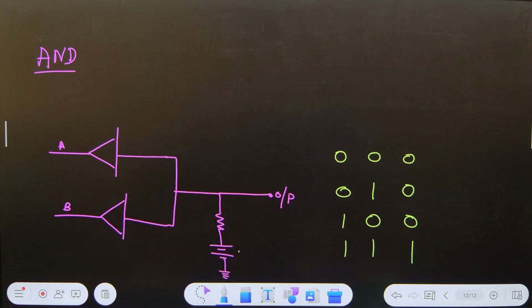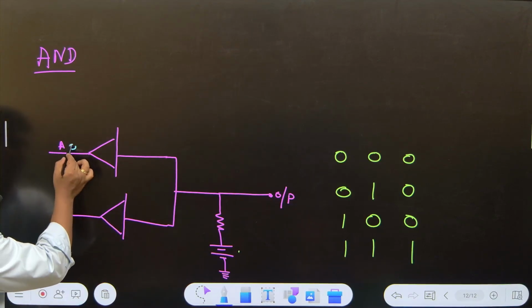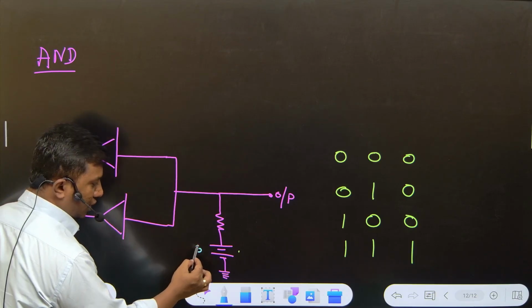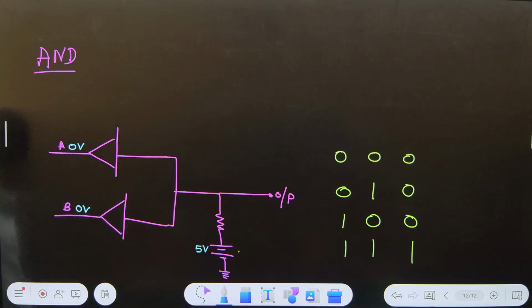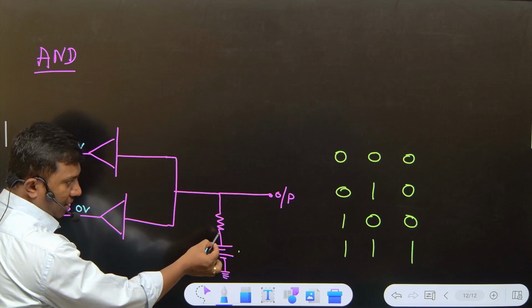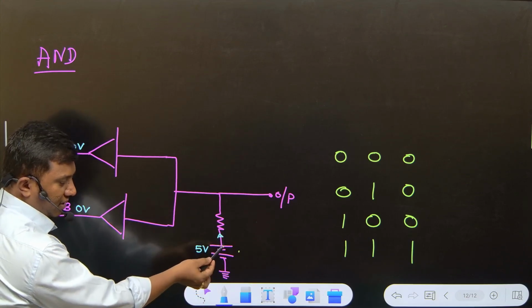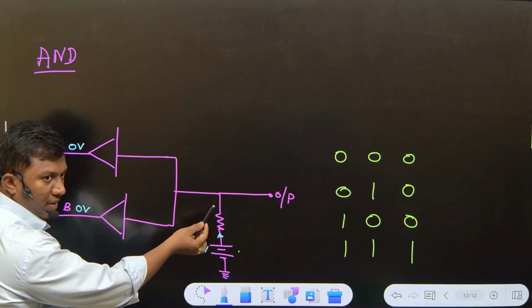Now let us start giving the inputs. Inputs I am giving 0 volt and 0 volt. So before giving that, let us take this cell also has how much potential? We can take 5 volt. Now from 5 volt current starts going, because this is earthing, then this is higher potential, then current starts going. Are you able to understand?